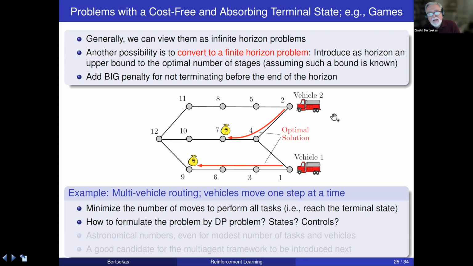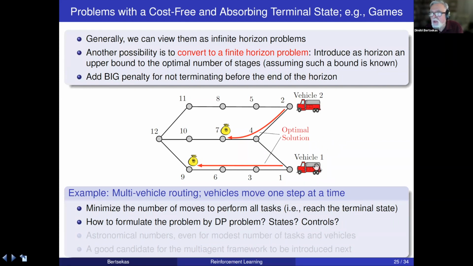Now, here's another question. What do we pick as states in this problem? Let's take the problem is deterministic, and there are a number of vehicles located at different positions within this graph, and there are also a number of tasks located at different points. And let's assume that the tasks are deterministic. In other words, they don't change. There are no new tasks that are created, or tasks that are eliminated by chance. Still, it's a very difficult problem. As part of the state, we ought to know the collective location of the vehicles.